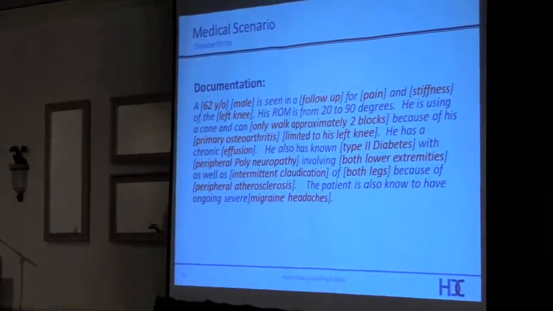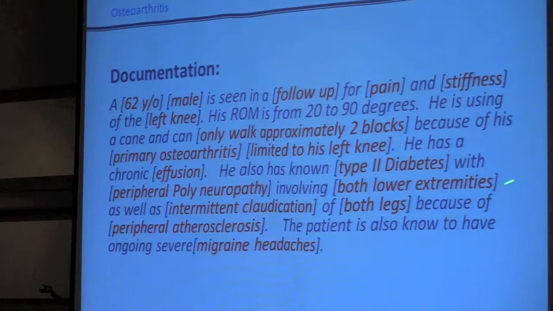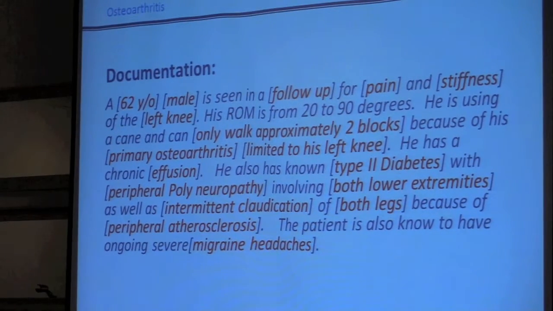But I do need to code his primary reason for being seen, which is primary osteoarthritis limited to his left knee. That's the primary reason he's being seen, so that would be number 1. Now, he also has diabetes with peripheral neuropathy, and he has claudication from atherosclerosis, and the claudication in both legs obviously could also limit gait.